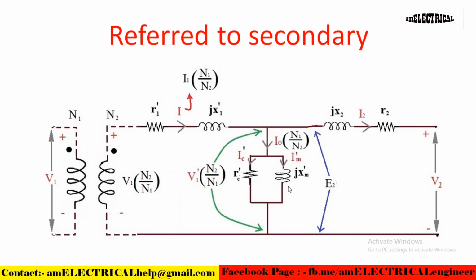The K value, which is equal to N2 divided by N1, is true everywhere. Here, when we are referring the primary RC to the secondary side, then RC dash is becoming RC multiplied by K square, because it is just the impedance transformation, because RC is resistance, and in case of XM, it is also reactance.